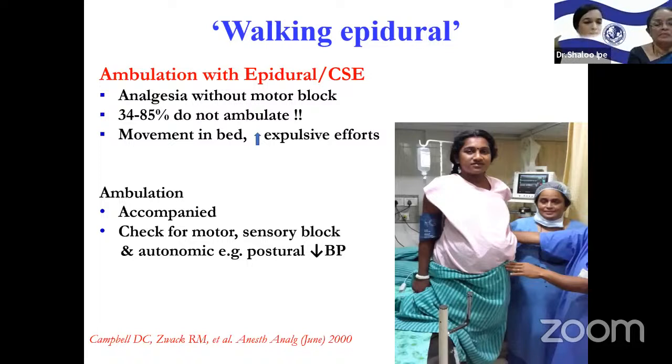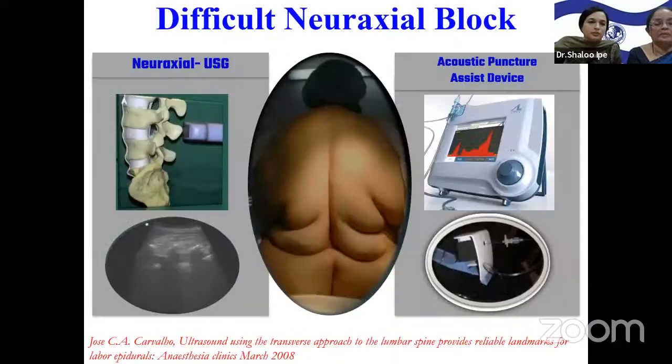Initially, you check for the motor, sensory, and autonomic blockade. Make sure there is no postural hypotension. And after the patient can take 6 unassisted steps, they are encouraged to ambulate if they want to. When you have an obese patient with a back like this, the newer devices like ultrasound and acoustic puncture assist device help you in identifying the epidural space.